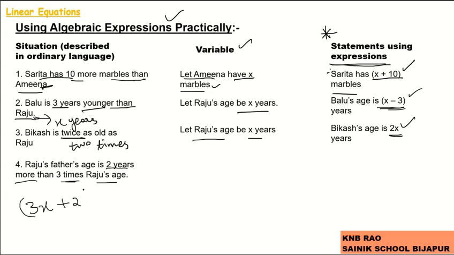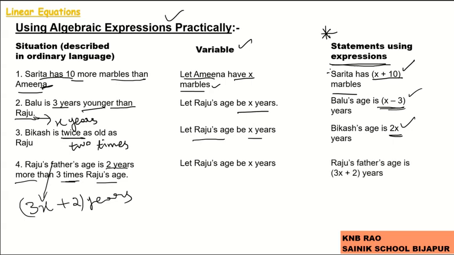This becomes the age of the father, isn't it? So with the assumption, let Raju's age be x years, Raju's father's age is 3x plus 2 years. So this is how we need to form an algebraic expression.